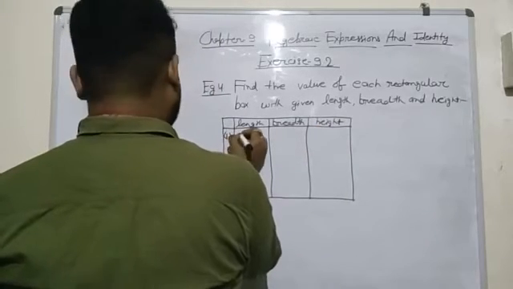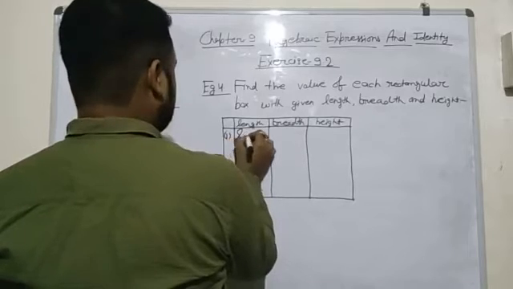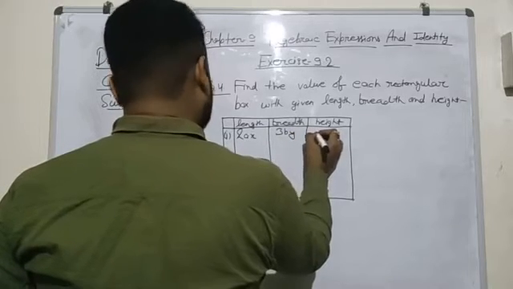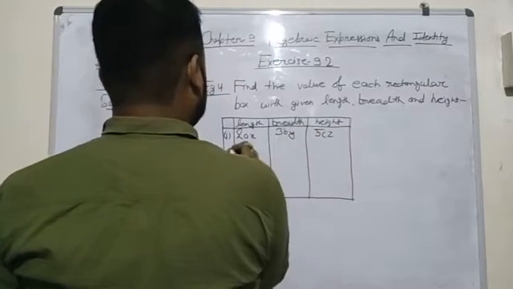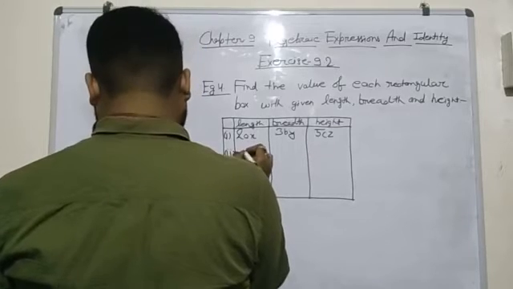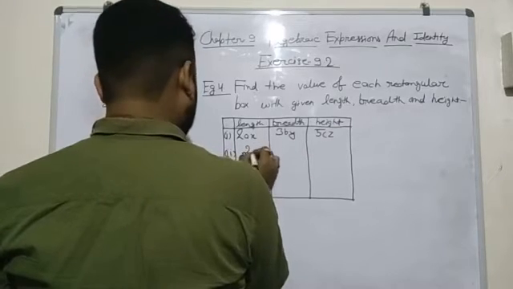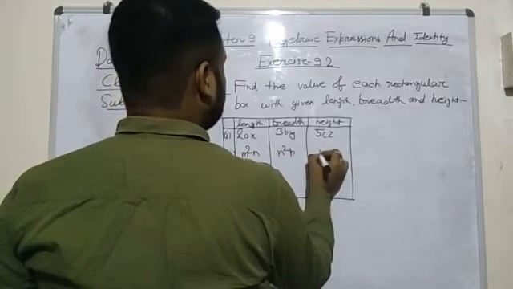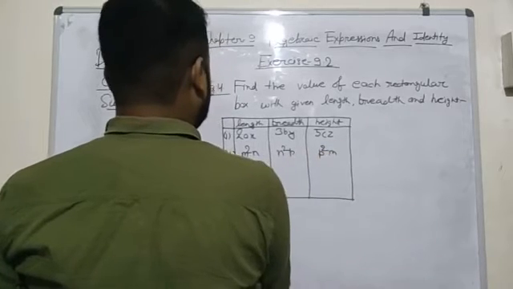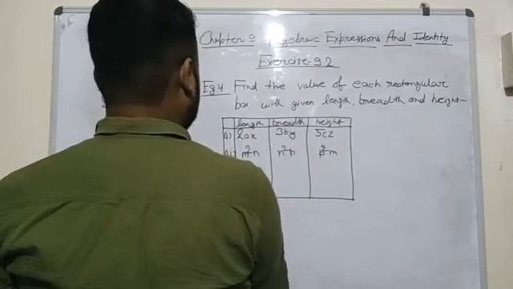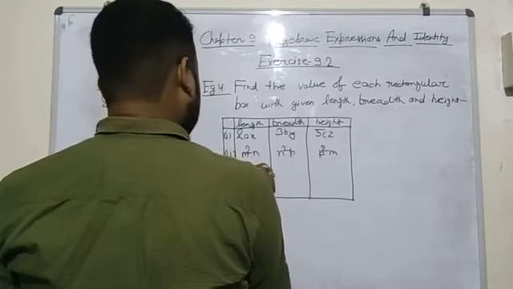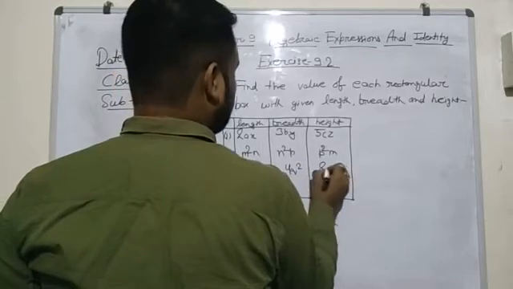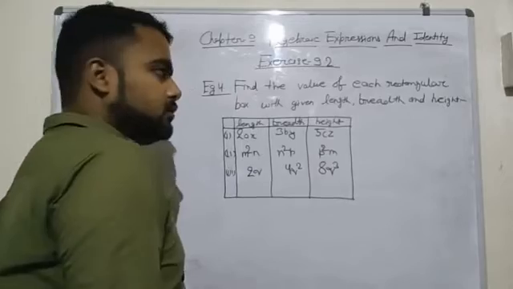The first data is 2ax, 3by and 5cz, and the second is m square, n square p, and the last one is p square m. The third one is 2q, 4q square, and the last height is 8q cube.